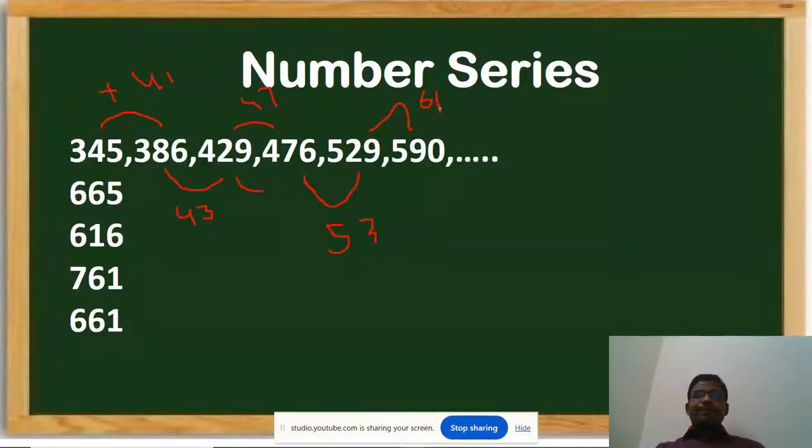Clear, all of you? 41, 43, 47. So 2 gap, 4 gap, 6 gap, 8 gap.